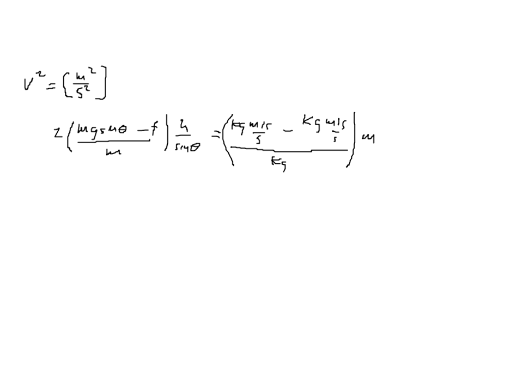And out here we have meters. So the kilograms cancel. We've got meters per second times meters, so that's meters squared per second squared. And they match, so the units work out.